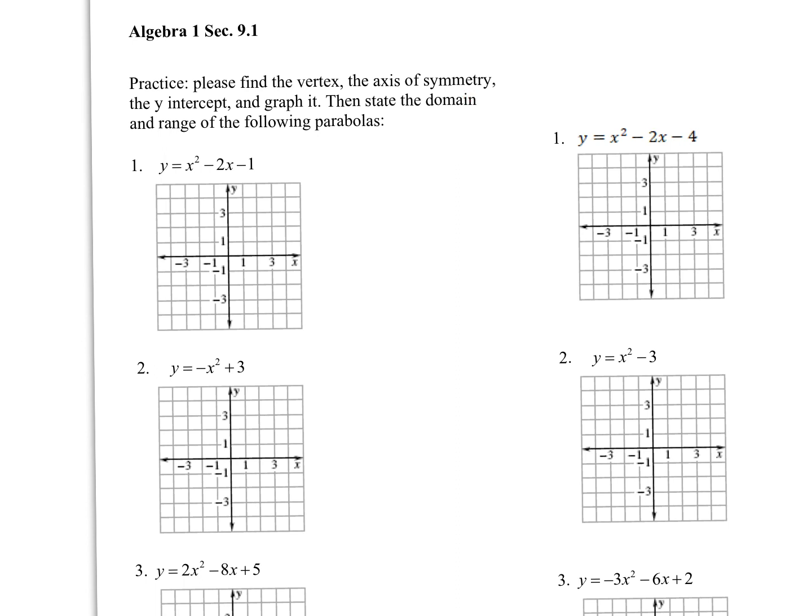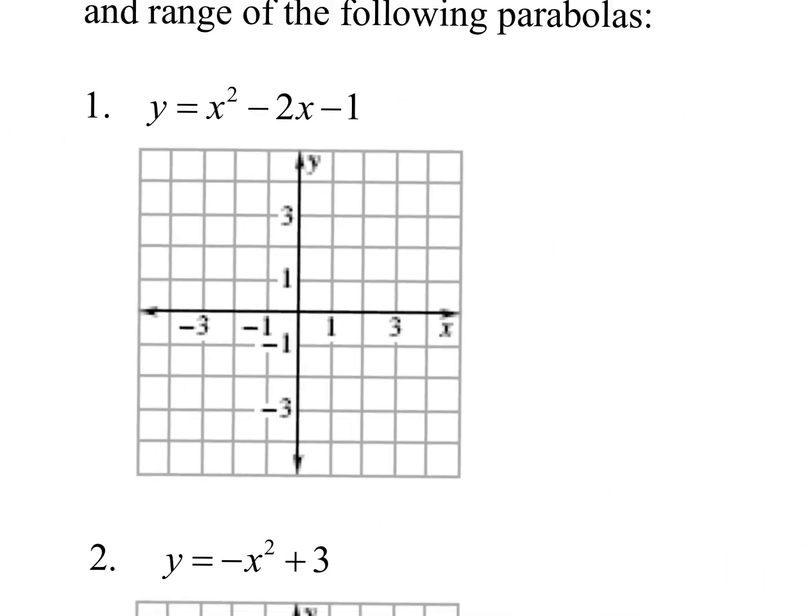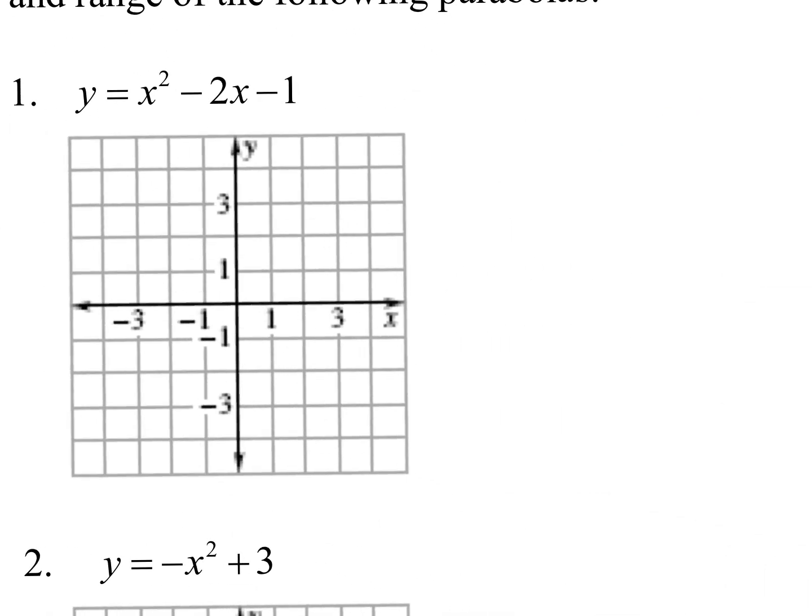Stating the domain of any parabola, it doesn't matter if it's up or down, wide or narrow, the domain is always x equals all real numbers, and the range is either above, at or below that maximum or minimum y value, which is a vertex. So without further ado, let's try this first one. Let's start by finding the most important part of a parabola, the vertex.